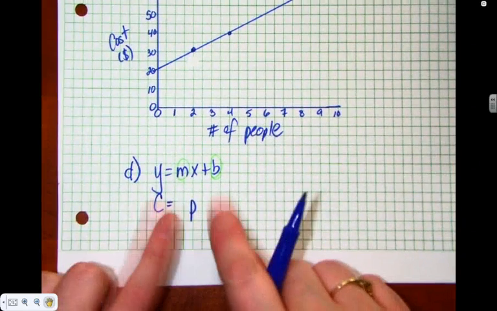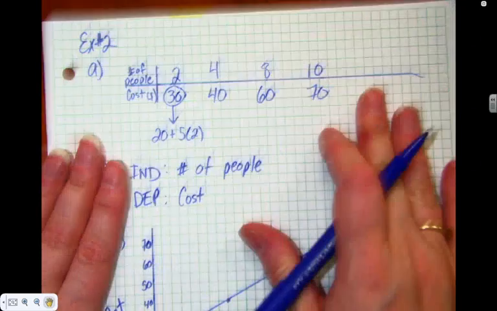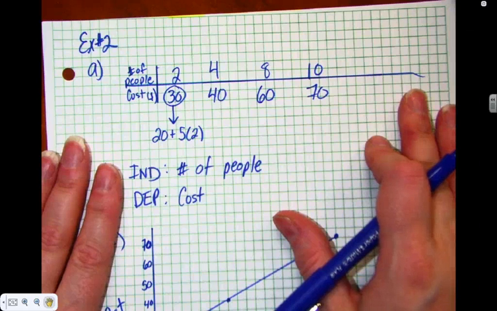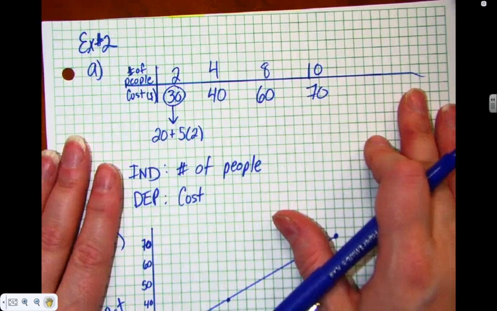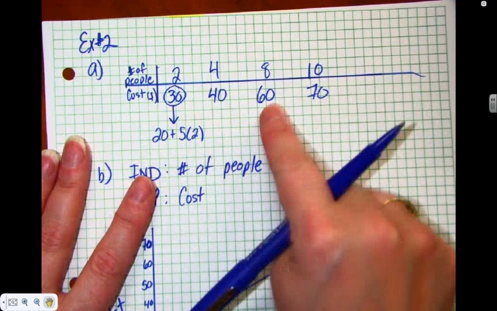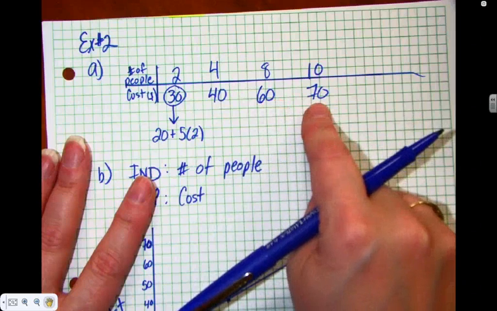Now we just need to fill in the 2 numbers. They come from the chart. So here we jump by 10, here we jump by 20, here we jump by 10.